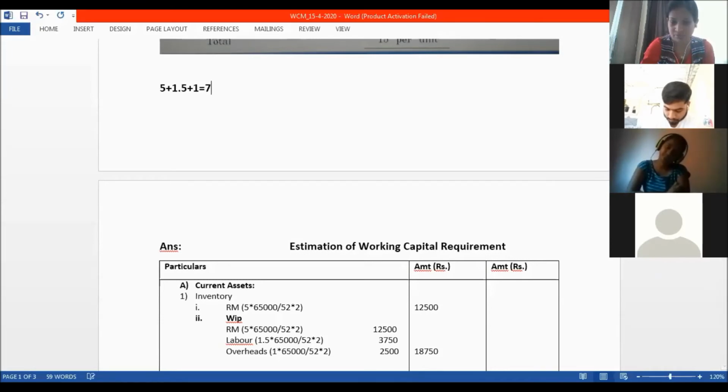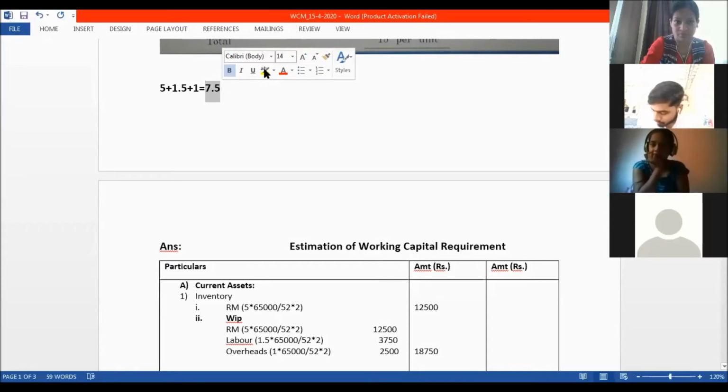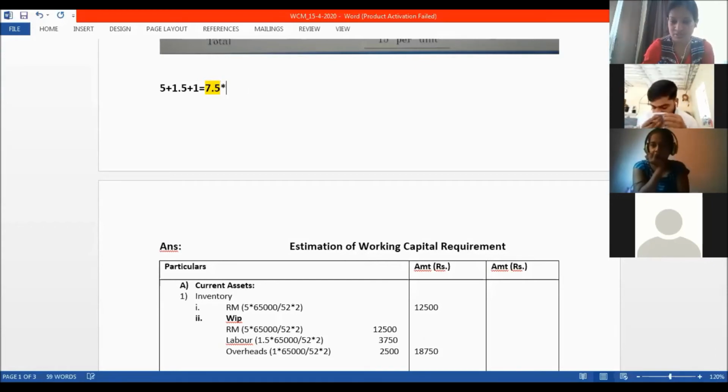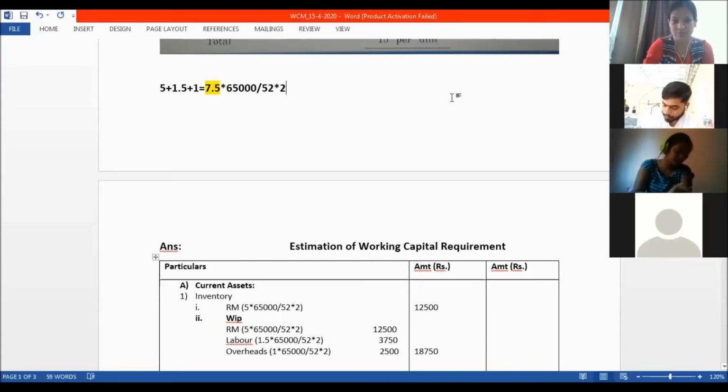Okay, 7.5. Now this is your total cost only for calculating the WIP. Okay, so this is per unit cost, now into 65,000 units divided by 52 weeks. So this is for 1 week you will get, multiply by holding time, that is 2 weeks. Now you'll get this much cost. Just check. Same amount of cost you will get.